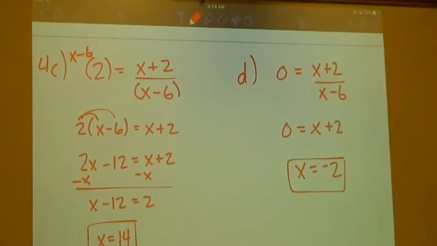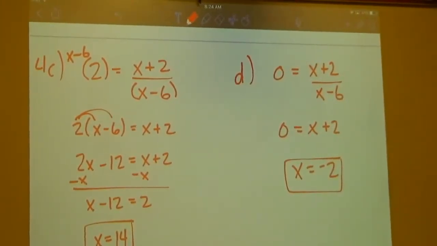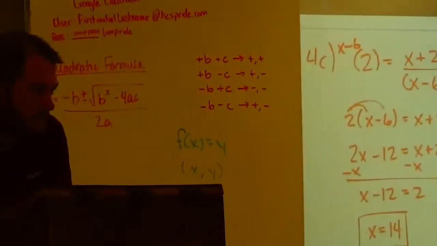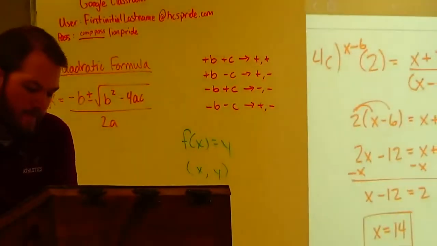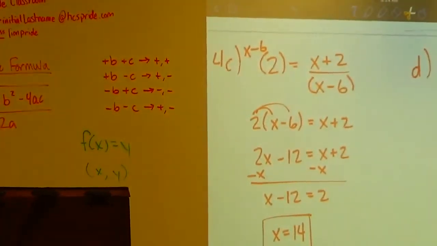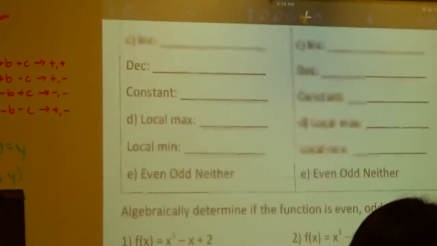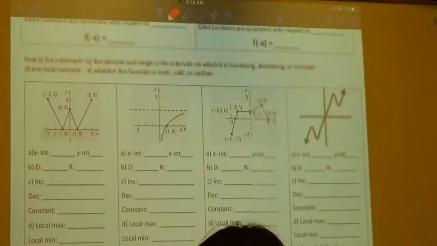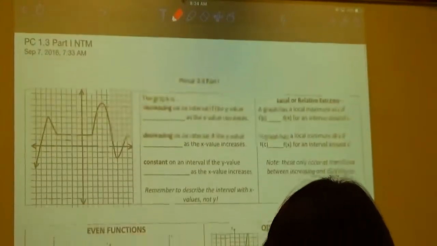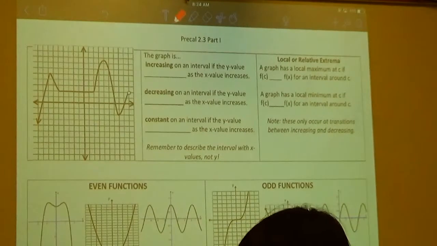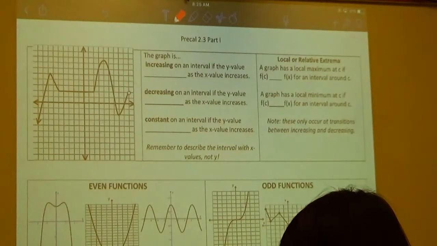Any other questions? The rest of the homework was pretty good? Alright, let's start on the notes. Ready? Some of y'all taking the ACT on Saturday? I am. Yes, you are. Alright, we'll see how this goes.